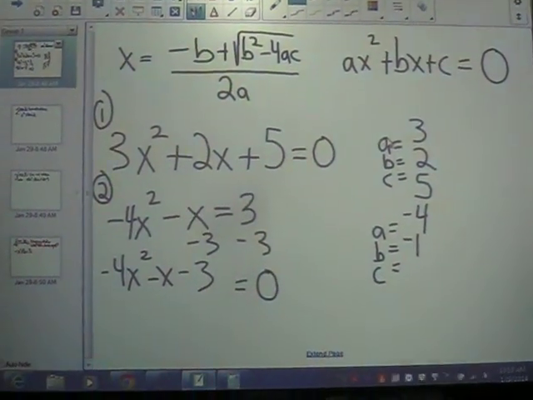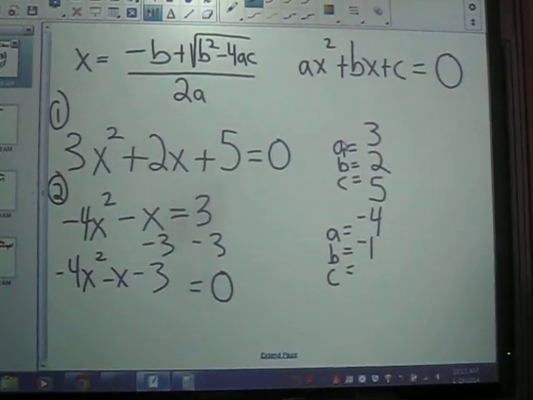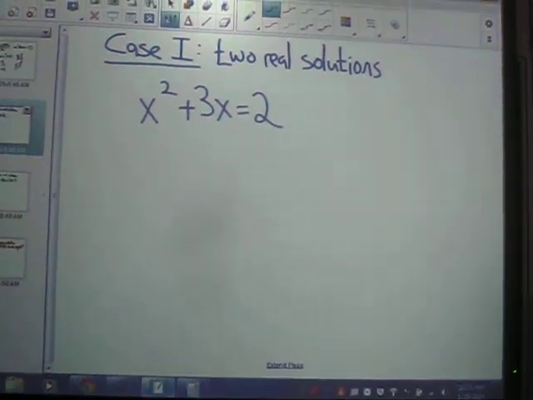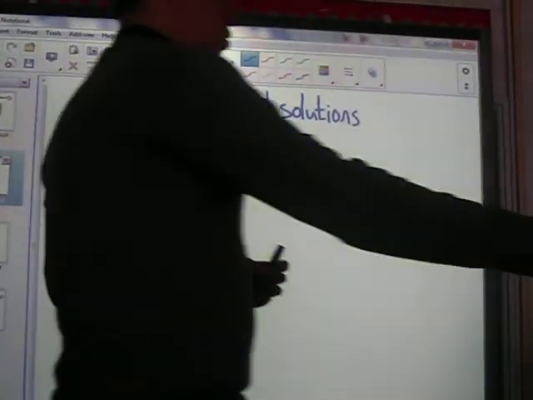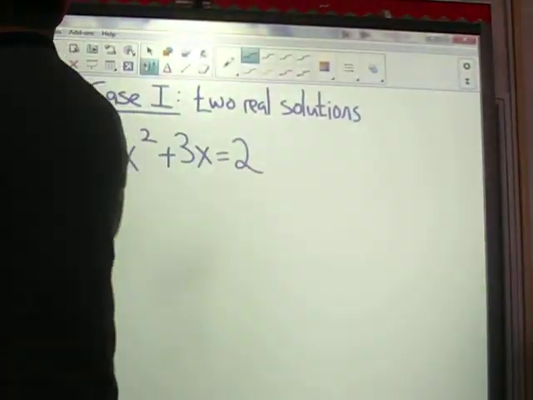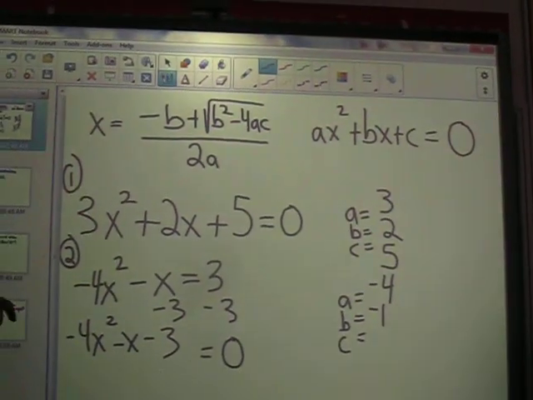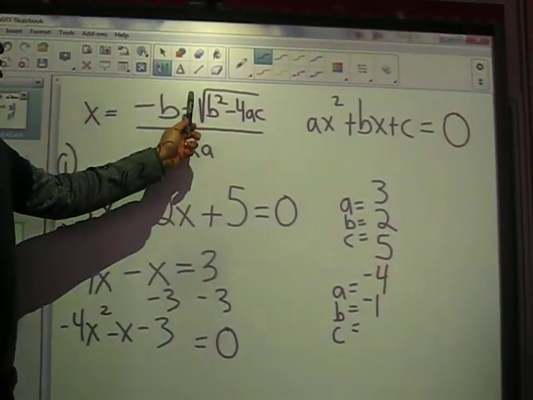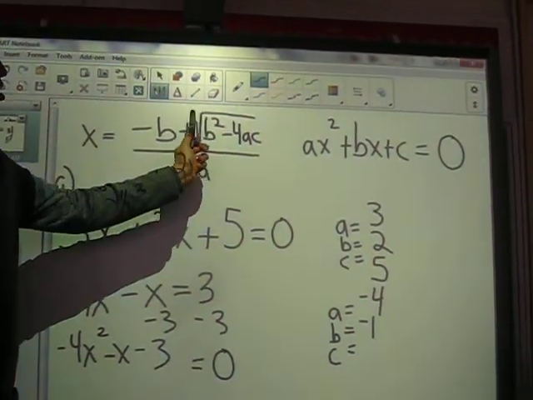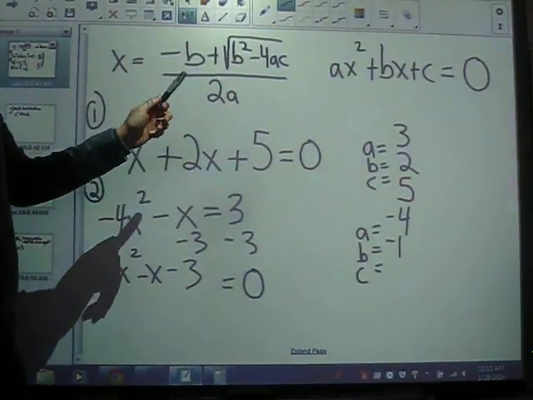Okay, here we go. How does this all work? There's 3 cases. It all depends on this, which is called the discriminant. It determines how many answers there are to the quadratic.